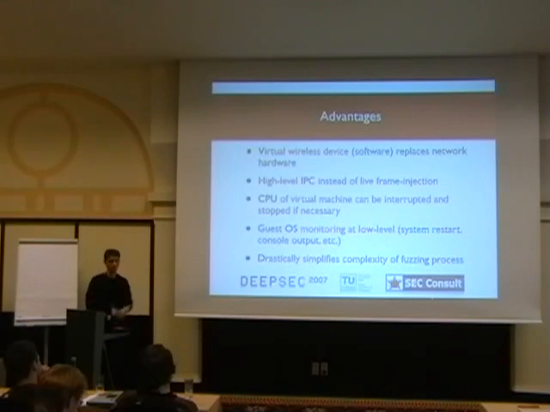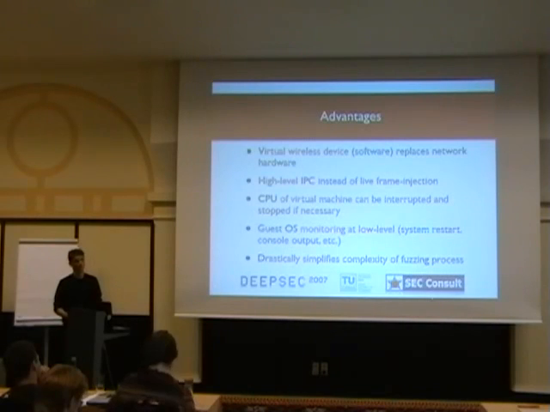And before the system even crashes, we can notify our fuzzer and maybe even debug the system that's crashing. So we have a lot of additional opportunities with our new approach with a target in a virtual machine. So we have drastically simplified the complexity not only of writing fuzzers, but also of the fuzzing process itself.